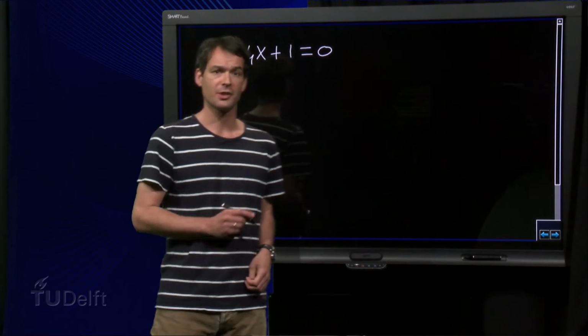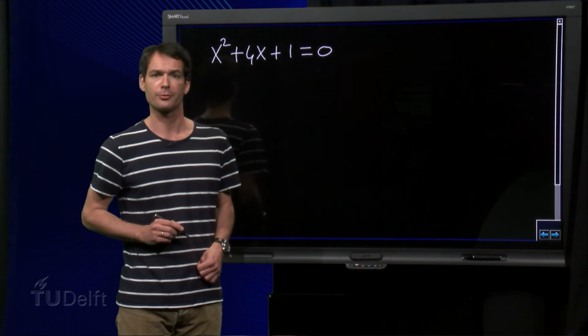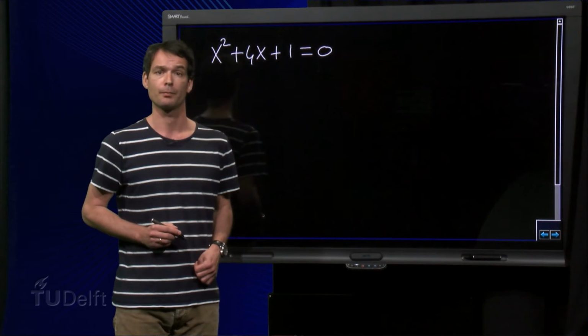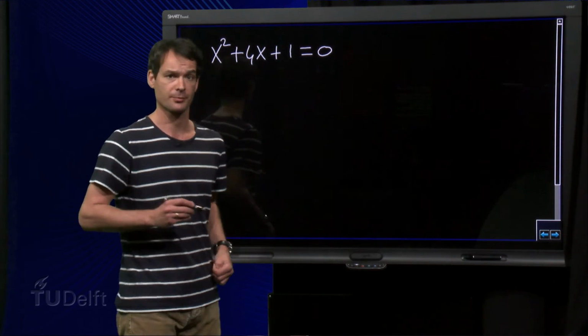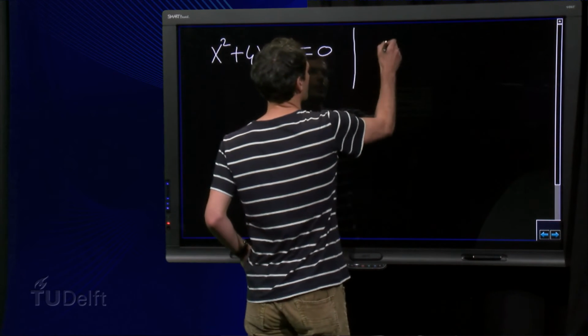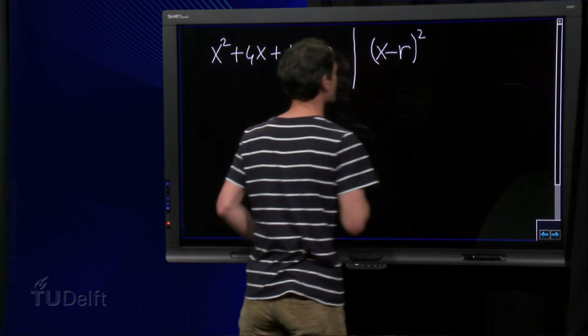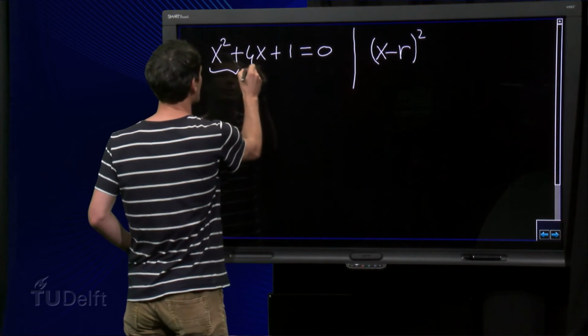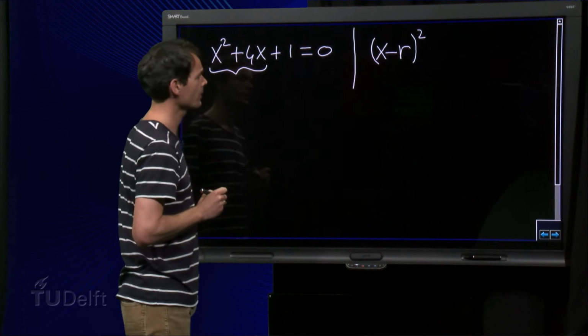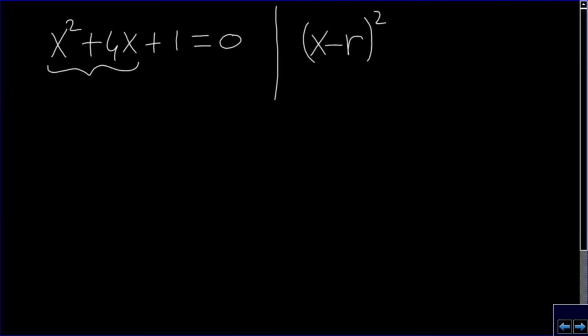Suppose we want to solve this equation, x squared plus 4x plus 1 equals 0. We want to find the square of the form x minus r squared, such that this gives the first two terms of our equation. So what we do, we expand x minus r squared as x squared minus 2r times x plus r squared.